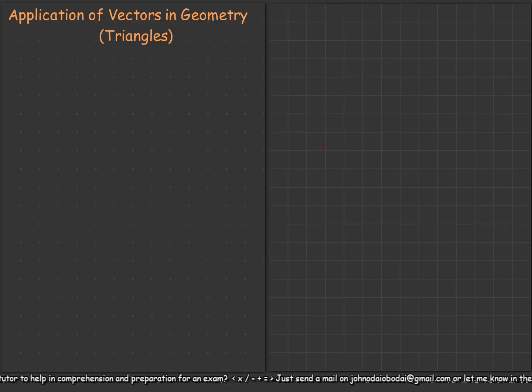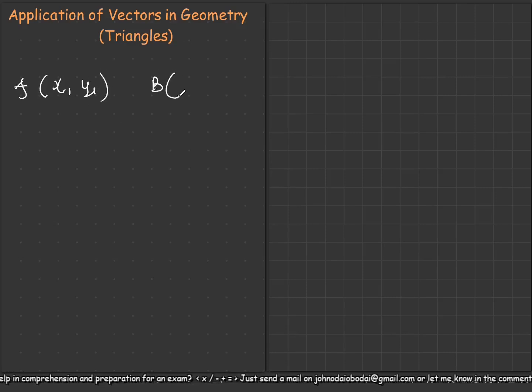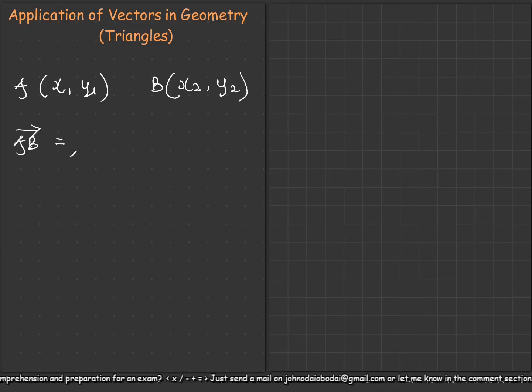If you have a point A, which has coordinates x1, y1, and B, which also has coordinates x2, y2, then the vector that links A to B, written as AB, is equal to the coordinates of B, that is x2 minus that of A, x1.